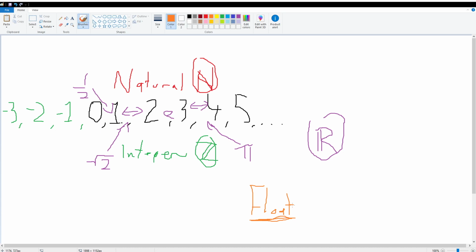Then you have floating point numbers, which include those. 3, 4, 5 are there, but it's more like 3.0 and 4.0 and 5.0, but also pi, 3.1415, e, 2.7, the square root of 2, 1.41, I think, a half, 0.5. The numbers that have a decimal representation.